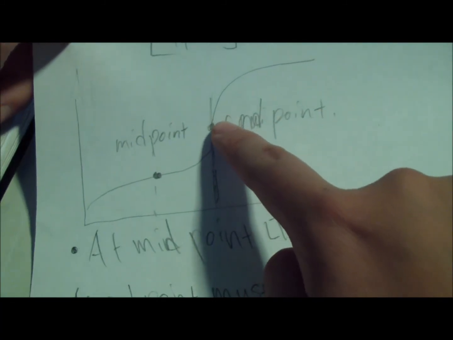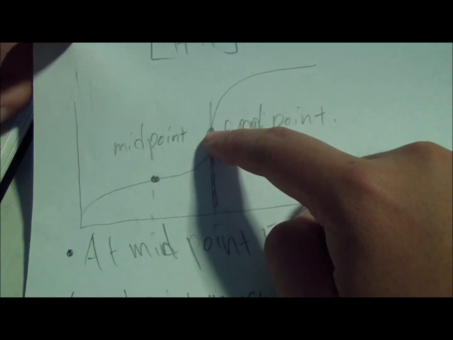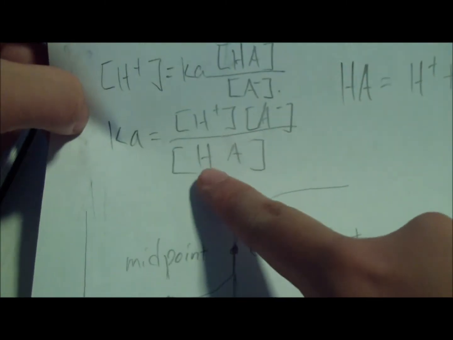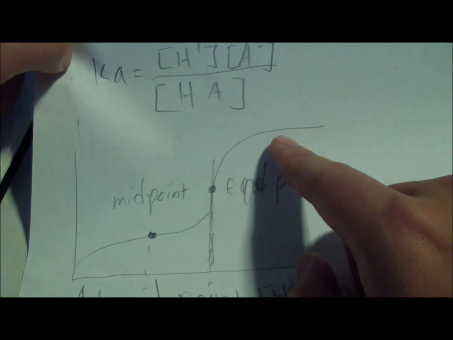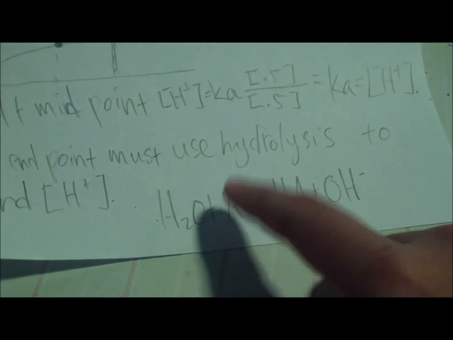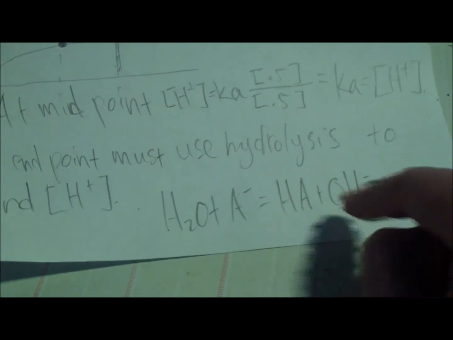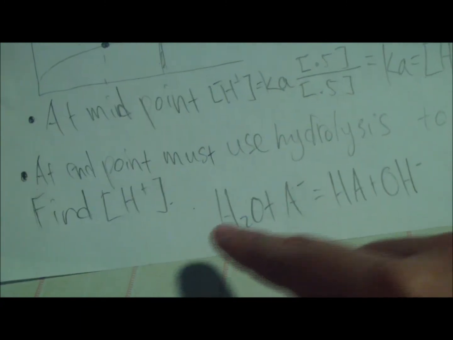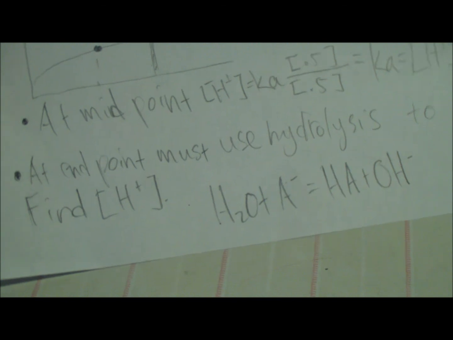It's a reversible reaction, so once you reach the endpoint and all the HA has dissociated, it doesn't mean that HA won't form back. So we must use the hydrolysis reaction, and you also have to use the ICE box to solve for the H plus in the end.